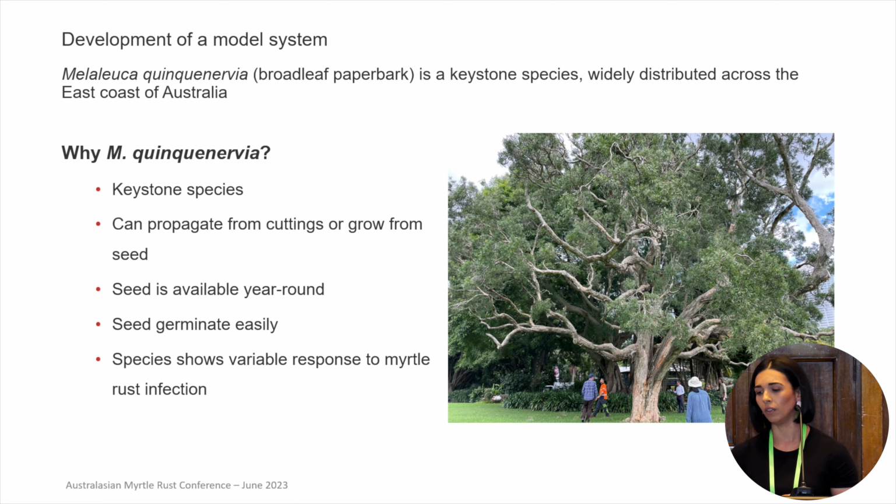It germinates really easily, and we can collect seed all year round. Again, one of the reasons we want to work with it, from a genetic perspective, is that it shows that variability in response. So it gives us the opportunity to investigate some of those genes that might be conferring resistance.